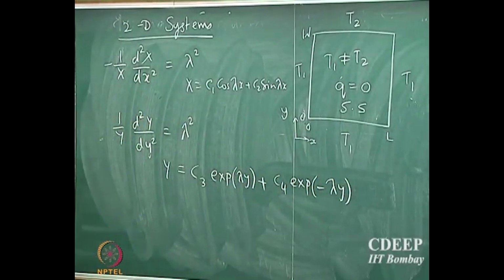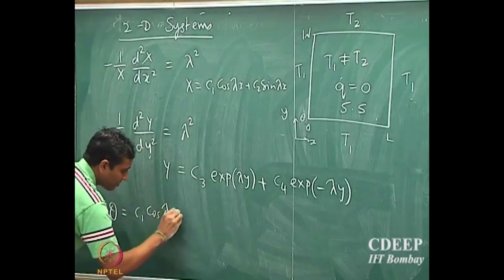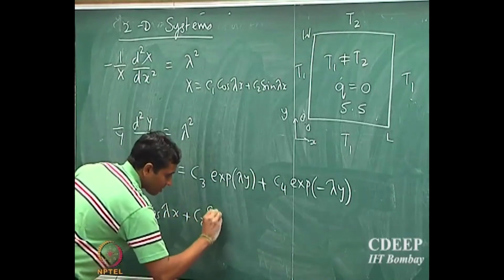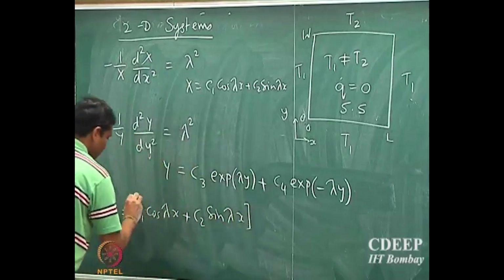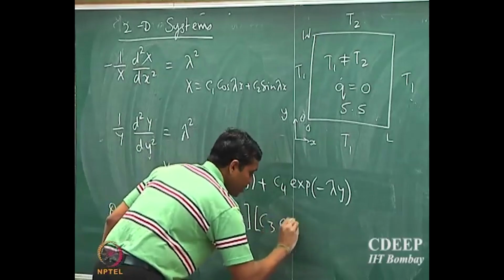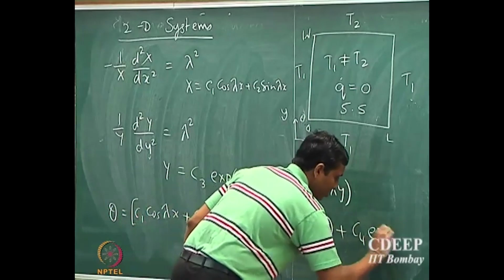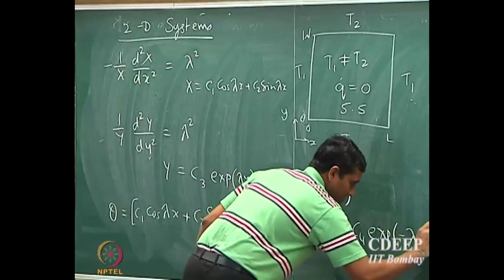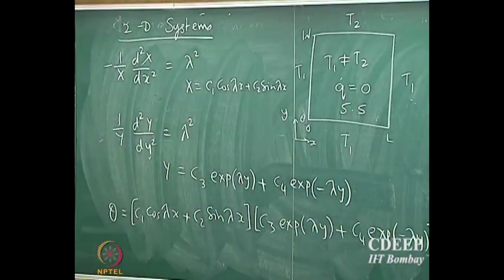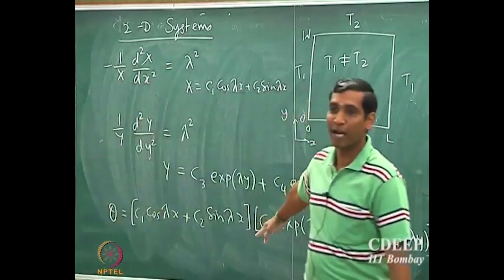So theta is now equal to c1 cos lambda x plus c2 sin lambda x, multiplied by c3 exponential lambda y plus c4 exponential minus lambda y. So that's the solution. This is an excellent example of where some of the concepts that you've learned in your math courses are directly applied to engineering systems.